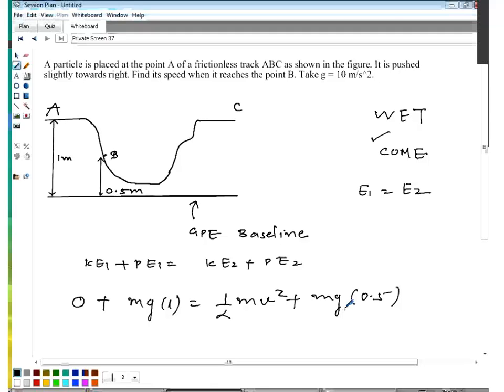Just solve for v and see if you are getting root 10 as the answer. If there is any question, let me know.